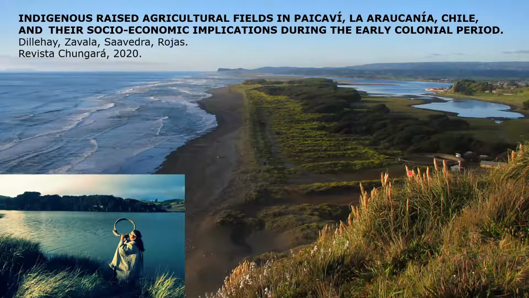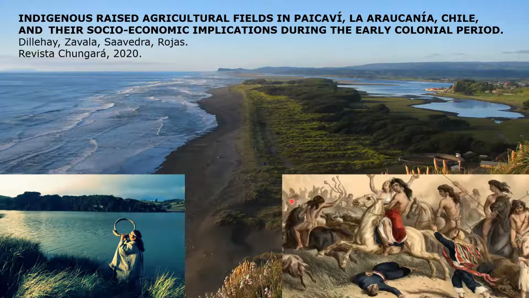I hope you can see it in the image. They were providing a huge amount of food for the Mapuche that were living inland during the wars against the Spanish during the 16th and 17th centuries. This period has been called Guerra de Arauco in Spanish.